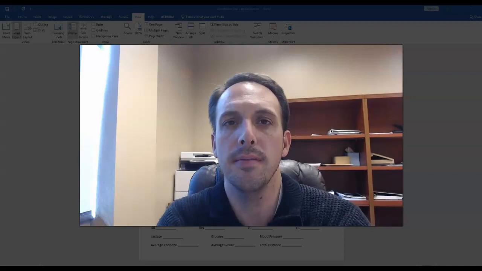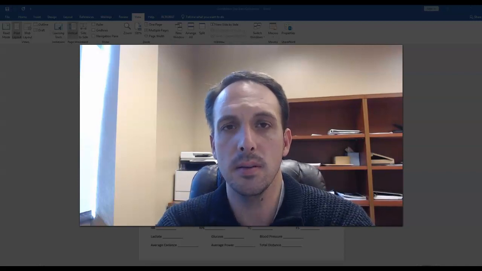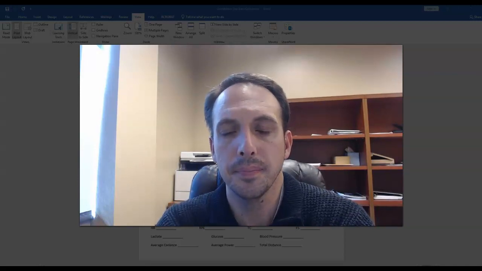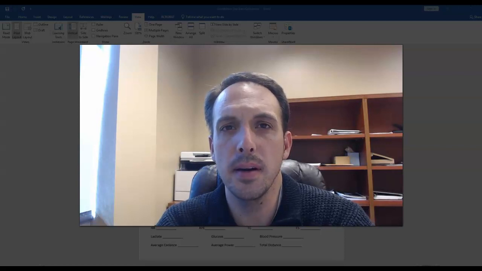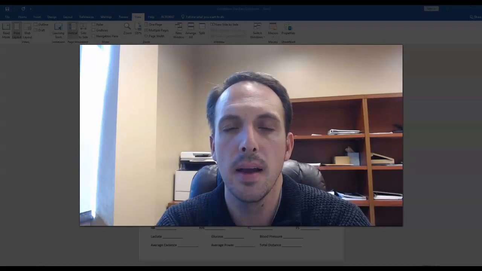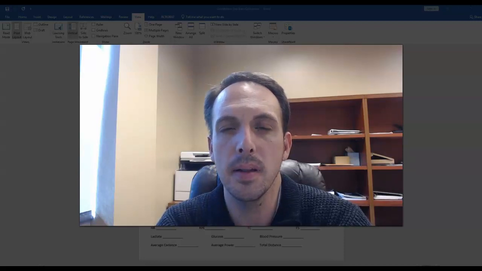Now, there's two conflicting things. You want to both decrease the number of times that you actually have to handle the data, because that will increase the number of errors. If you have to type the data in and handwrite it multiple times or transpose it from one place to the next, that adds the ability for the data to be corrupted somehow.